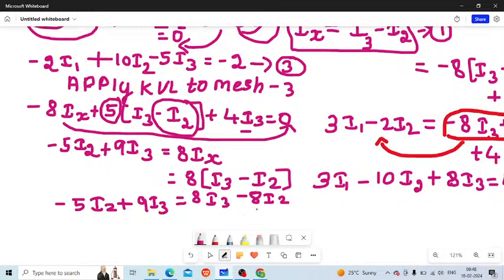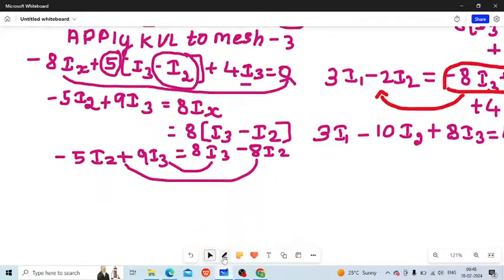So now this 8i3 will come to this side and this minus 8i2 will come to this side. So now I can get it as, this is equation number 2 I'll consider. That's also equation number 2, this is modified equation number 2.